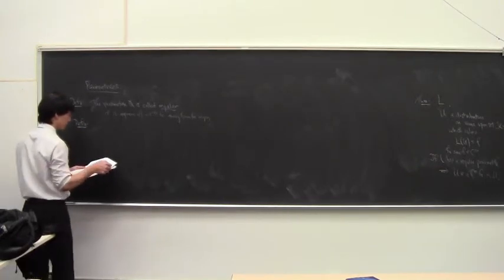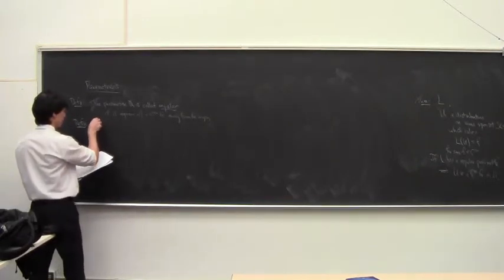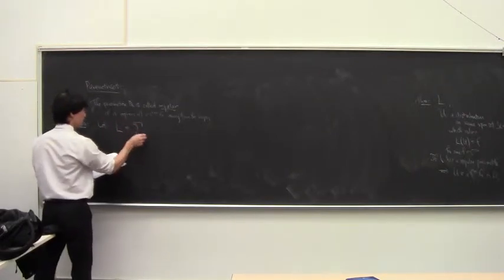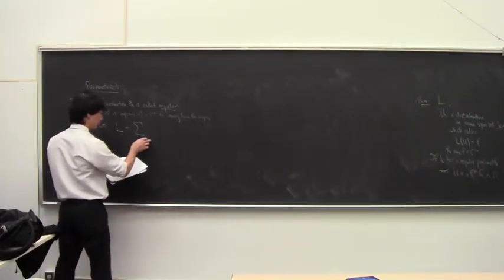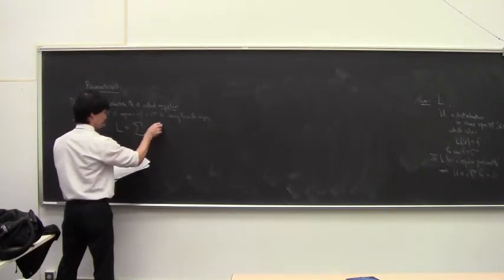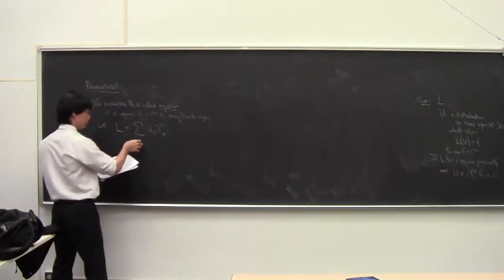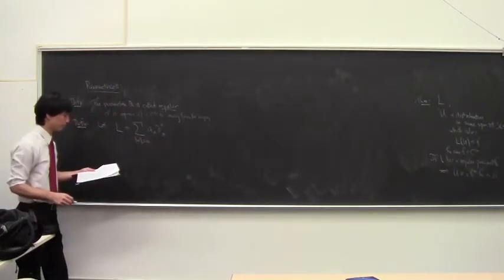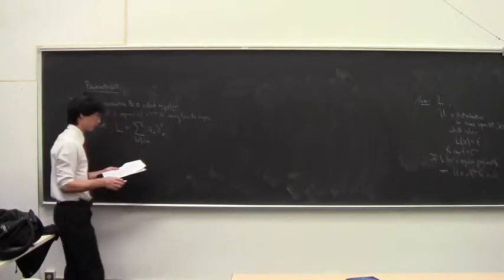Another definition. Let L be a partial differential operator of order m, so it's going to be some combination of derivatives all of order less than or equal to m.